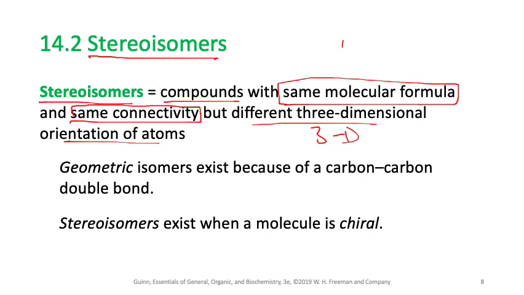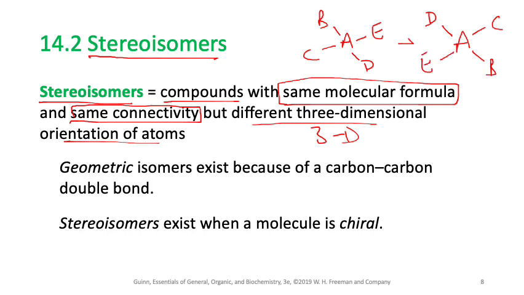Let's say you have a connectivity of atoms A, B, C, D, E. If I make another structure of the same compound, something like this: A, now it's got D, it's got C, it's got B, it's got E.